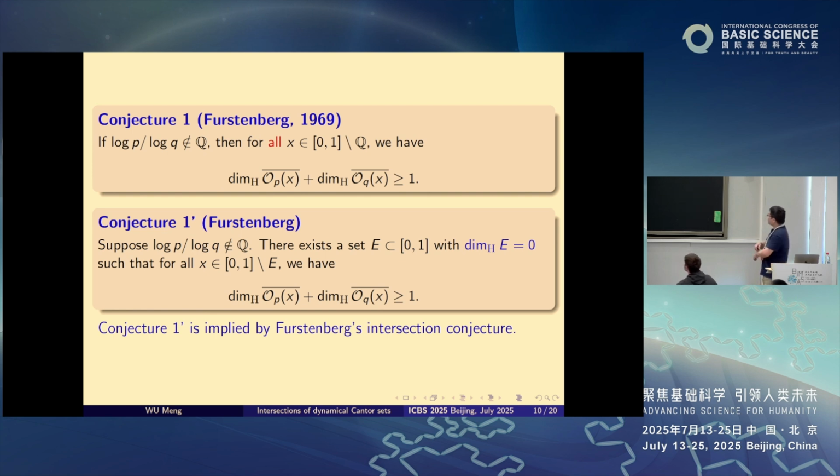So this has been quite open for a long time, and basically not much progress has been made. In recent years, more than 10 or 20 years ago, Fürstenberg asked a weak conjecture, probably inspired by the recent trend that if you cannot prove a very hard conjecture, then you can prove that it holds outside a very, very small set of exceptions.